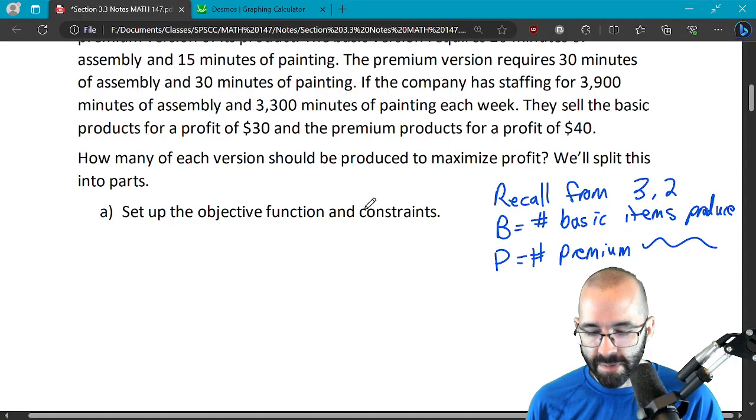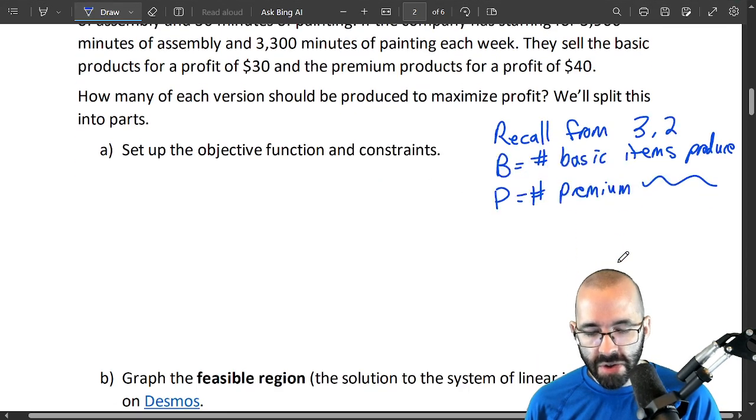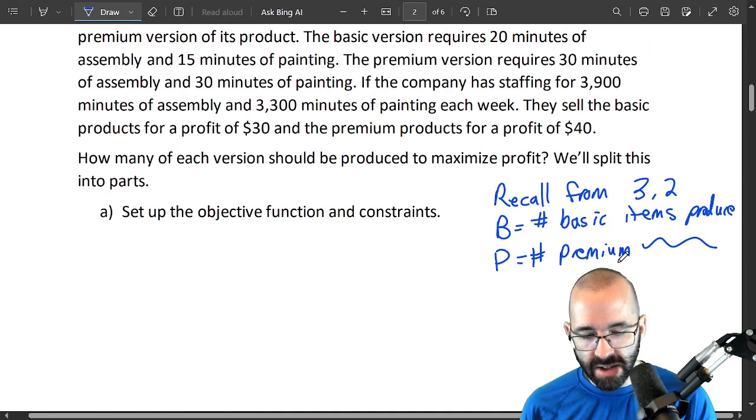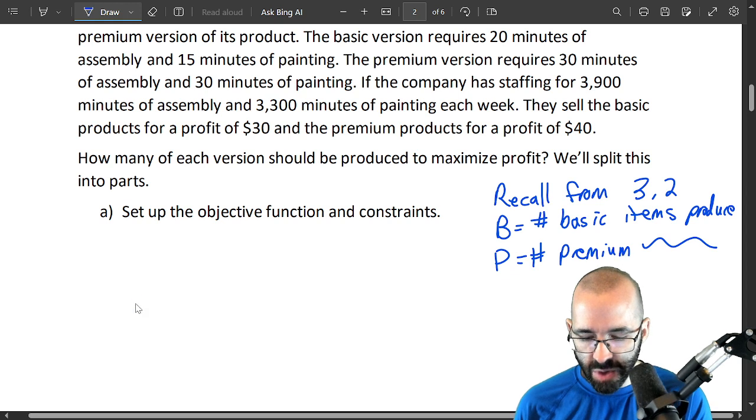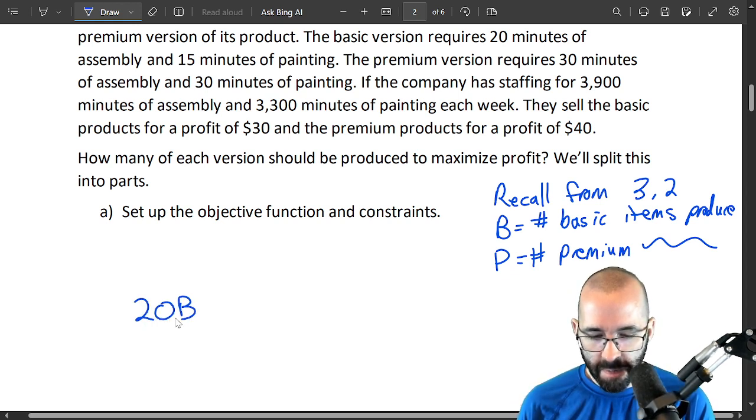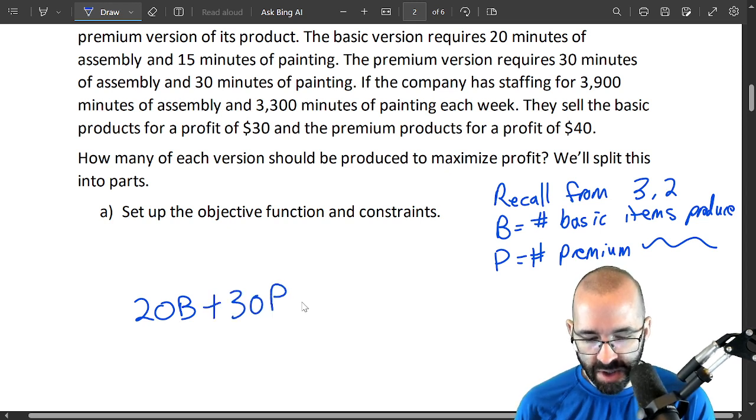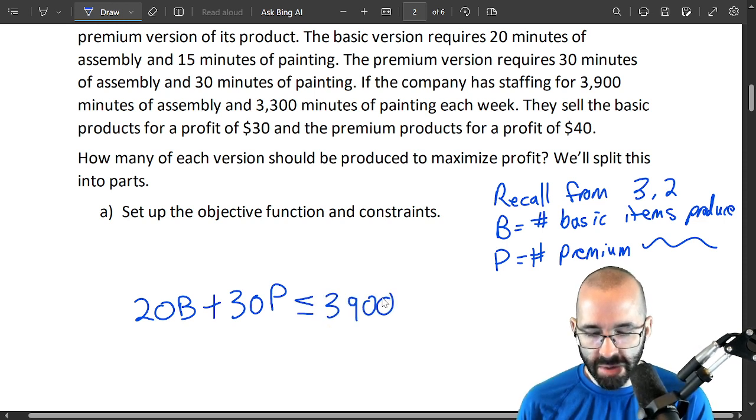All right. So we got those inequalities, and we found that 20B for assembly and 30P for assembly had to be less than or equal to 3,900 hours for assembly.